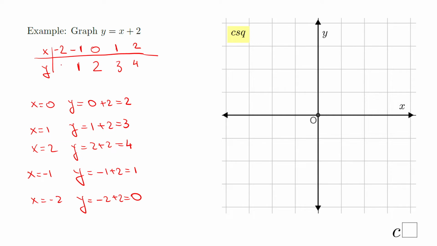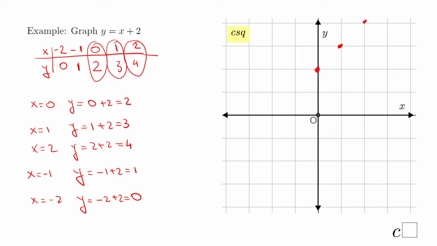We have enough information to graph this equation, and I'm going to start with this one, 0 and 2, which means I'm going to move 2 up and stay here. 1 and 3, this is the second point. 2 and 4, which is going to be right here.